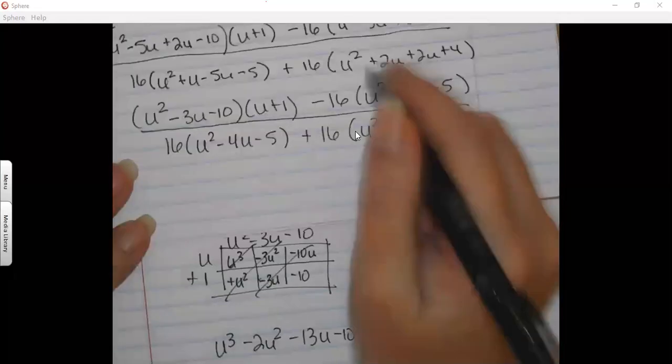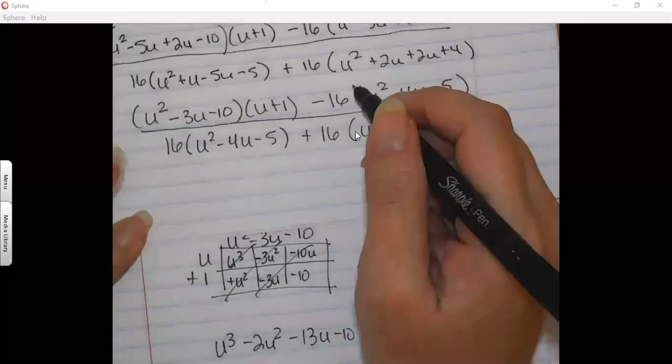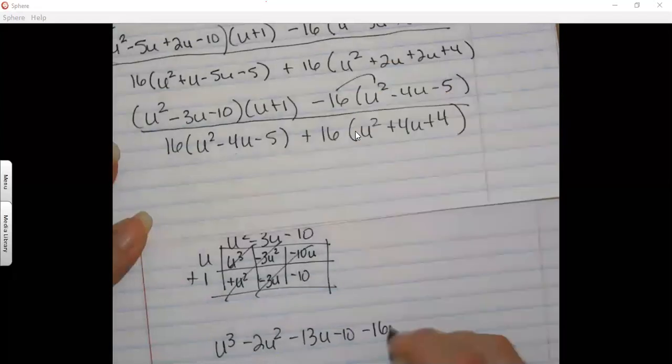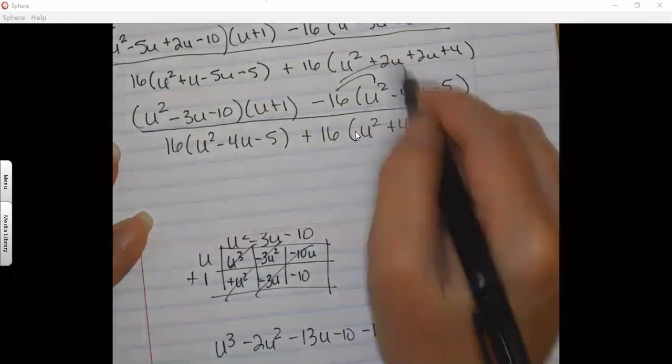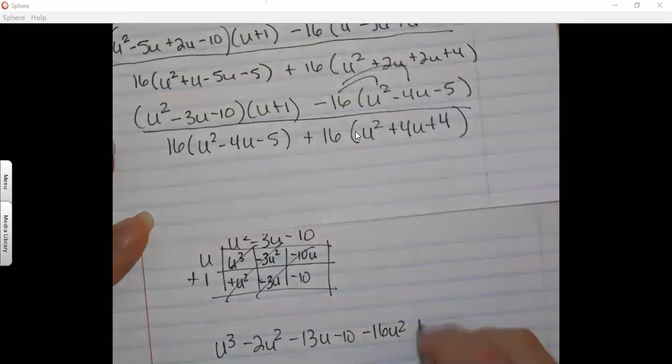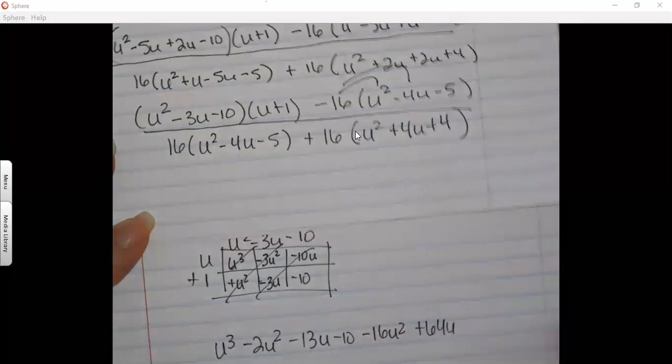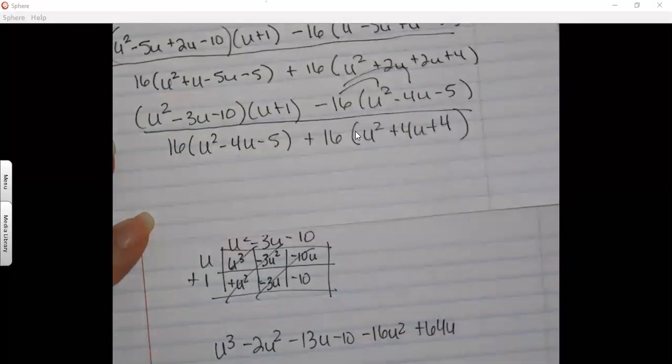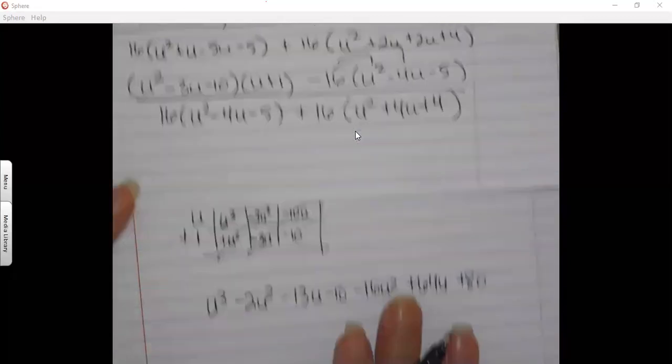And then the right side won't be so bad. All I got to do is distribute the negative 16. So minus 16u squared. What's 16 times 4? Plus 64u. Plus 80. All over. Let me distribute those 16.